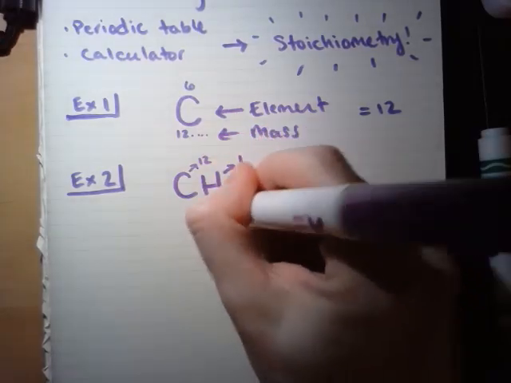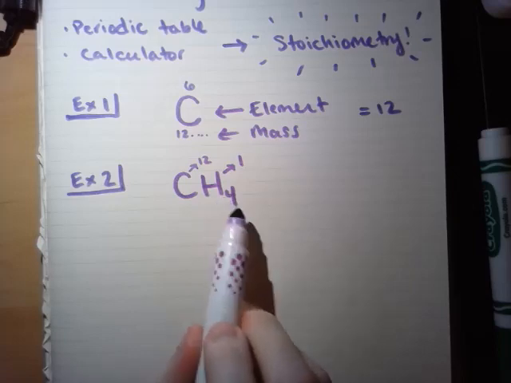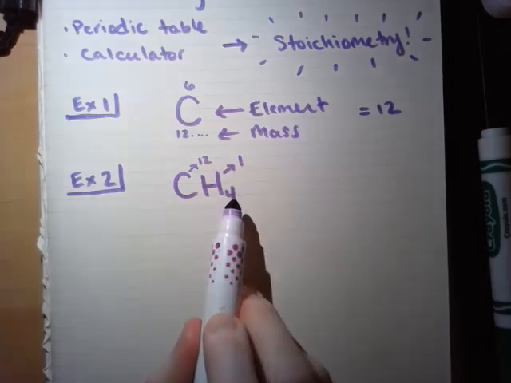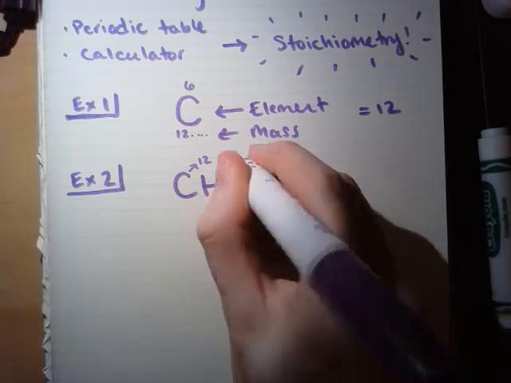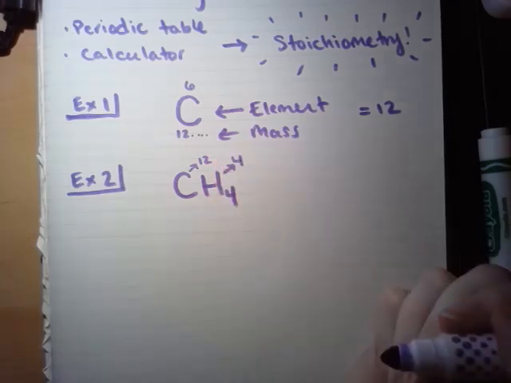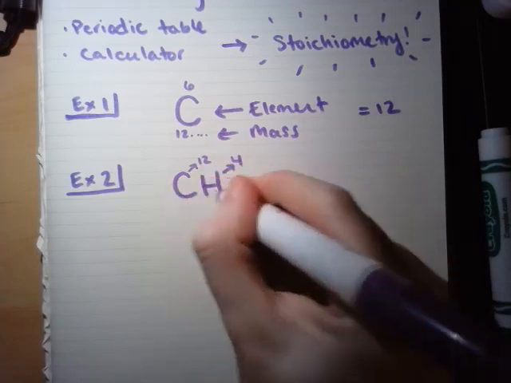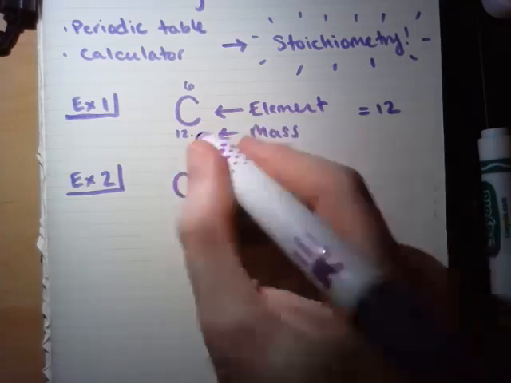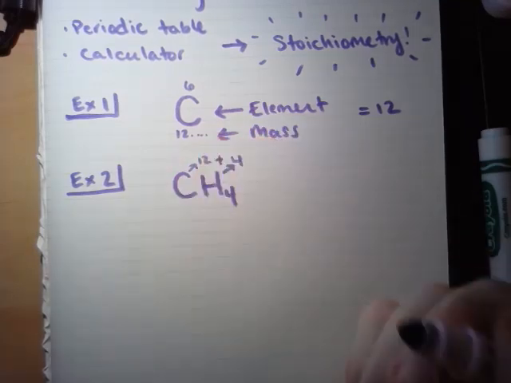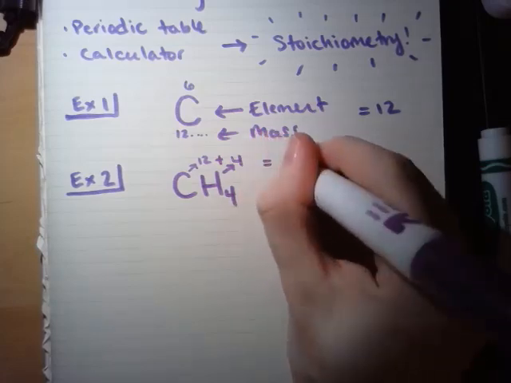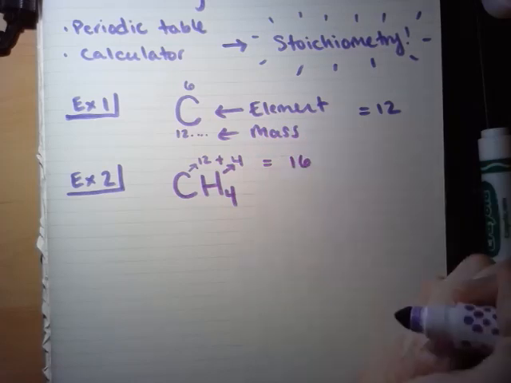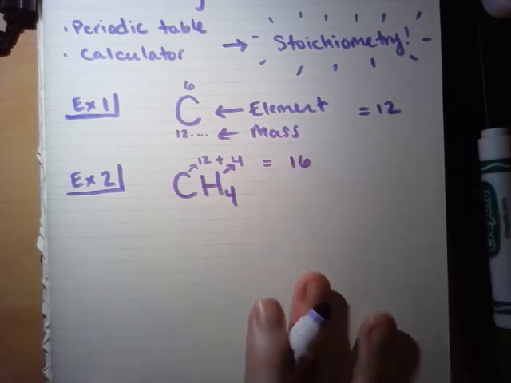Now, it's 1 times 4, because there are 4 of these H's. There's not 1 of them, there's 4. So it's 1 times 4, which is 4. Then, to get our actual answer, we add these two together: 12 plus 4 gives us 16 as our mass for that one.